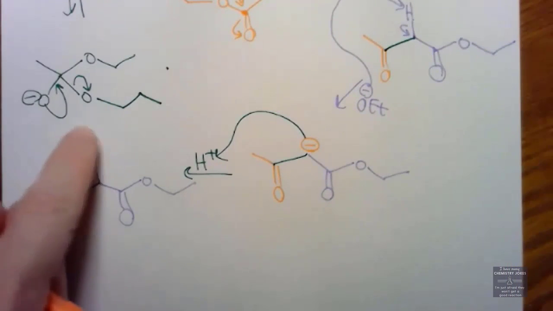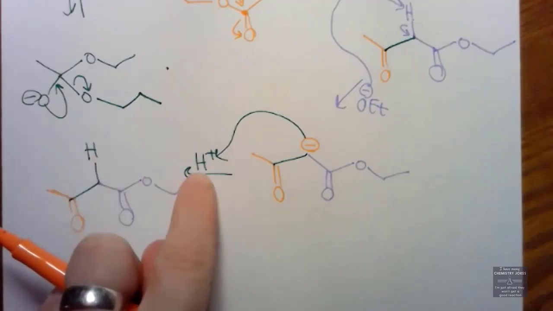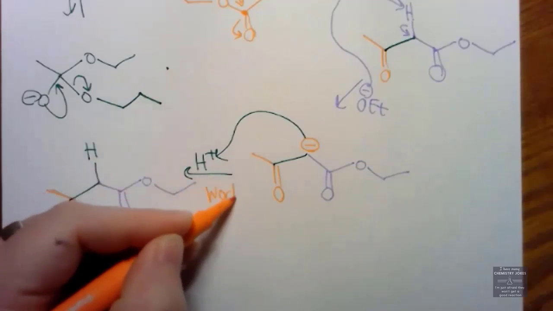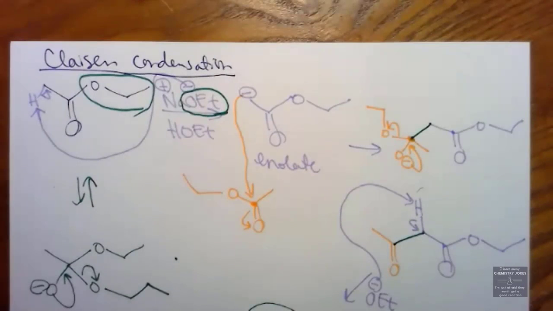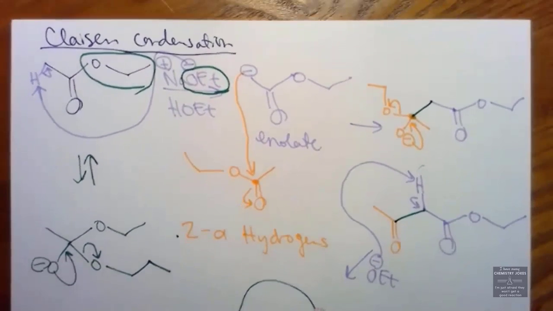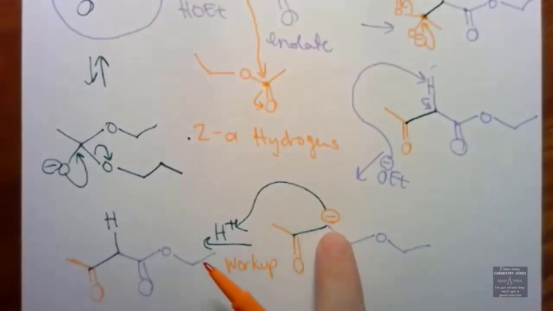So that green hydrogen came from the acid workup step that came after NaOEt and HOEt. The Claisen condensation must have 2 alpha hydrogens in order to work, because if you don't have 2 alpha hydrogens, you won't get to this step.